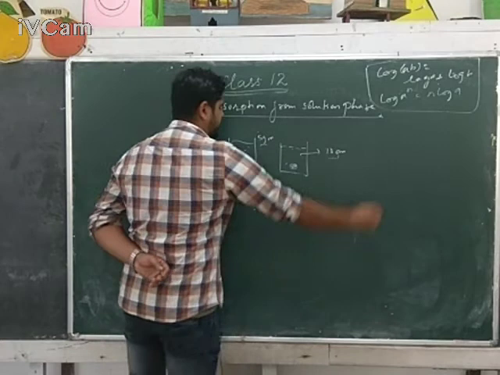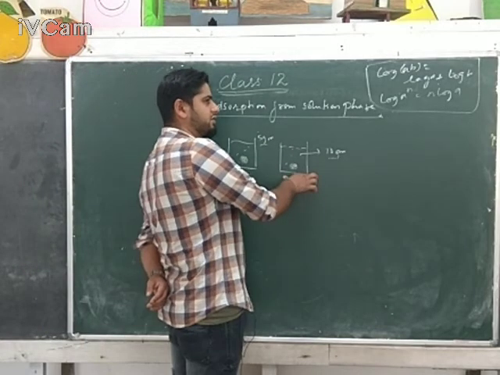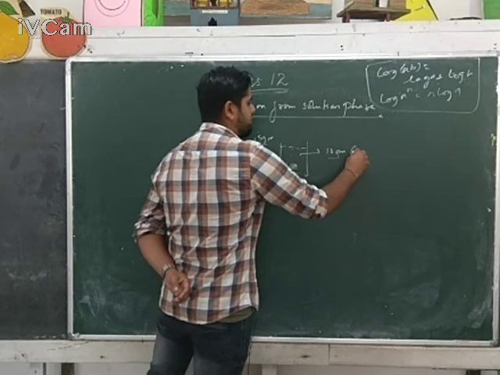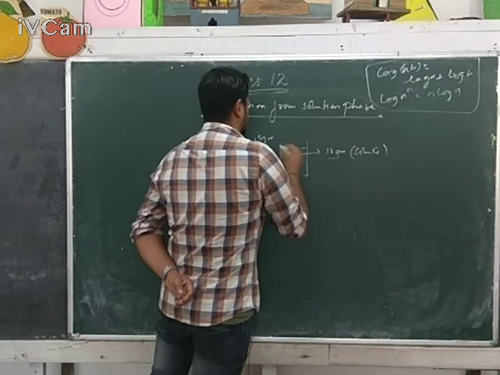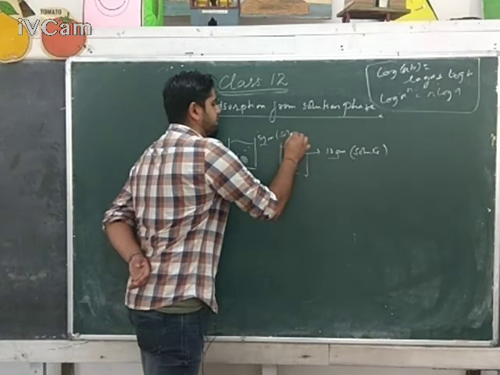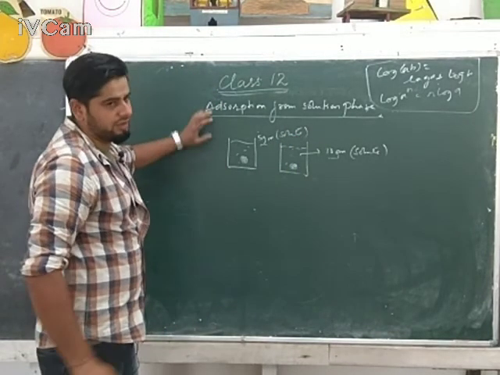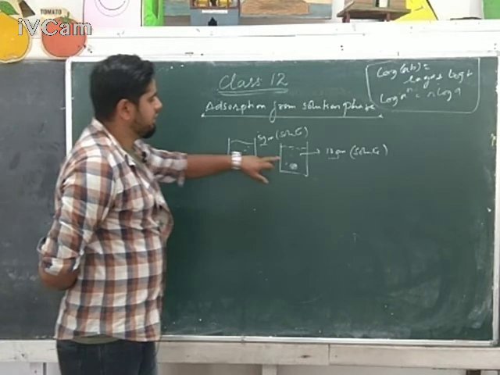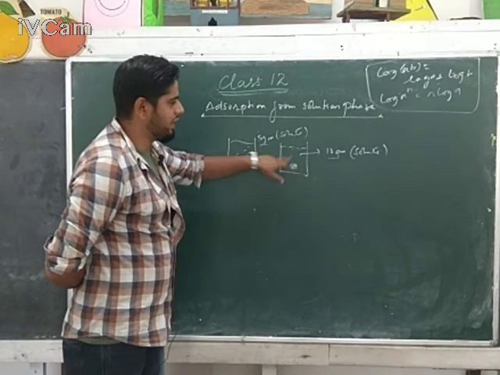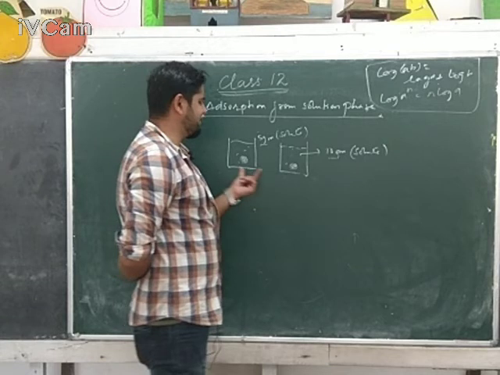From this you can easily make out this is a less concentrated and this is a more concentrated solution. So from this example, you can clearly make out that in this particular solution adsorption will be more or higher than this.